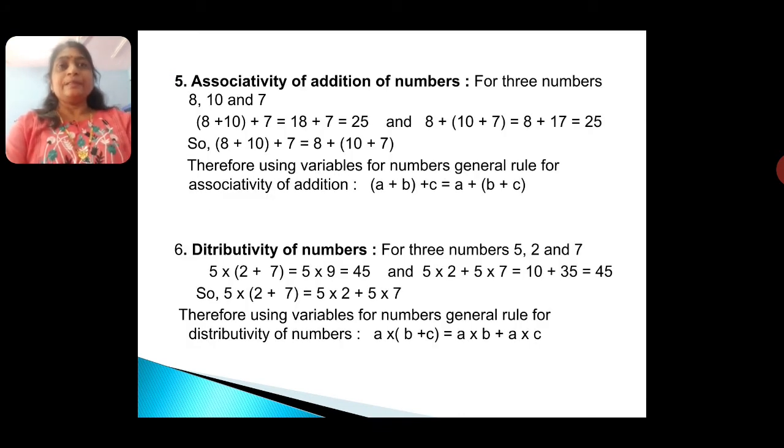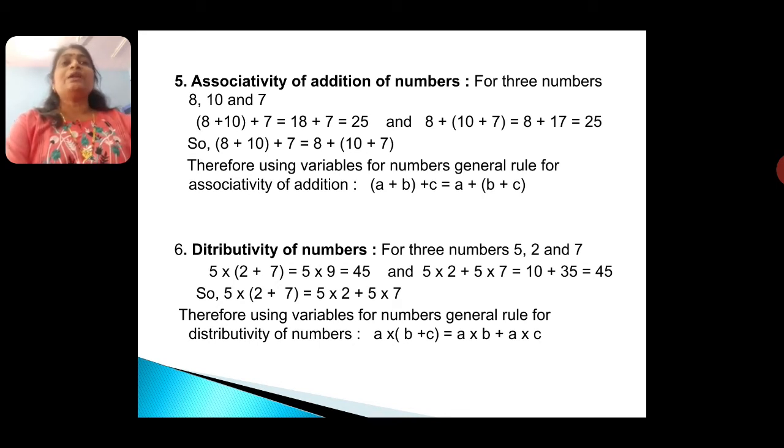Now, associativity of addition of numbers. For three numbers 8, 10 and 7, in brackets 8 plus 10, plus 7 equals 18 plus 7 gives 25, and 8 plus, in brackets 10 plus 7, equals 8 plus 17, also 25.